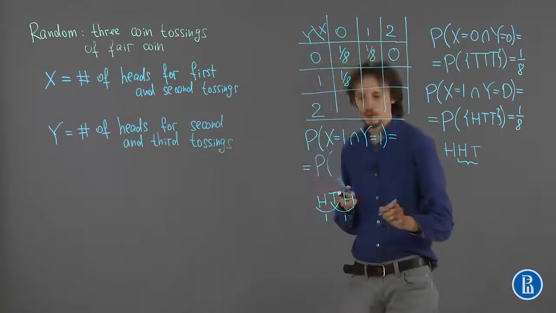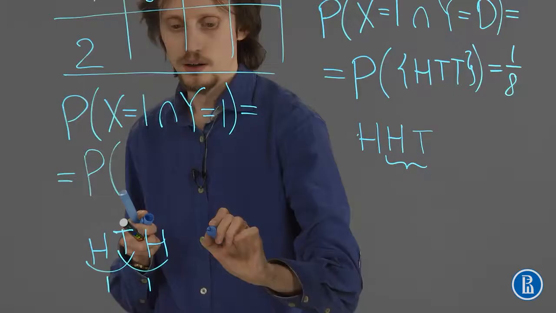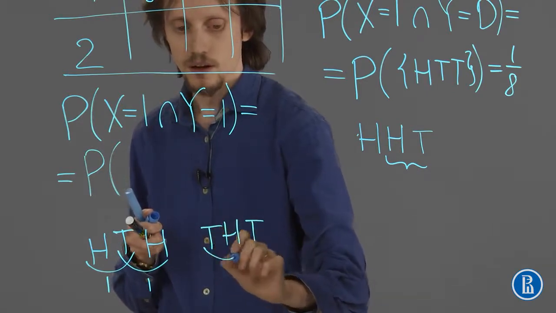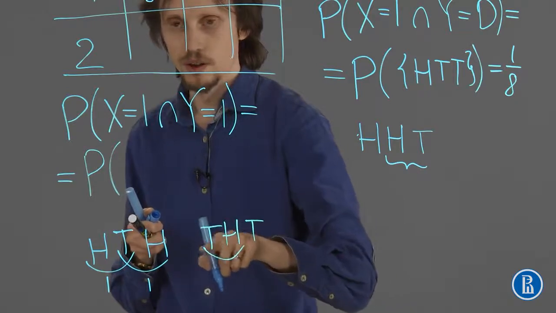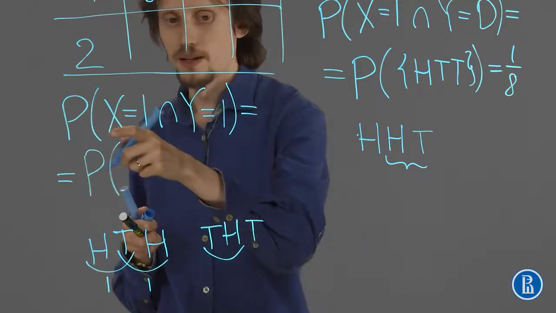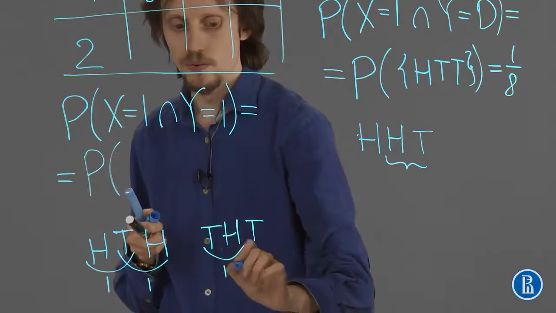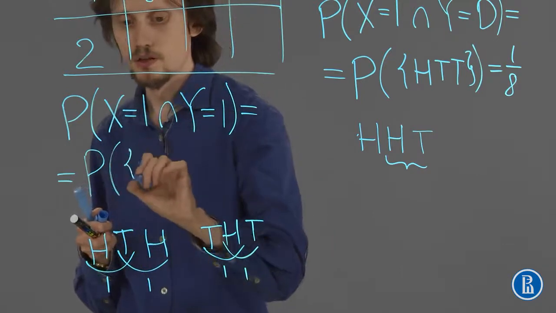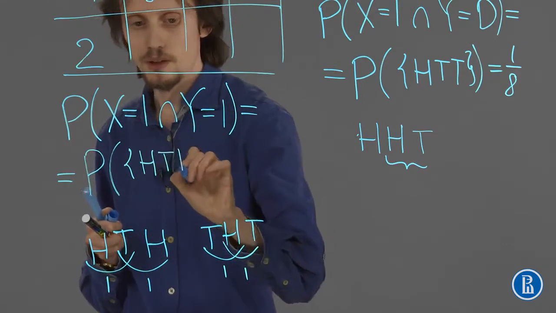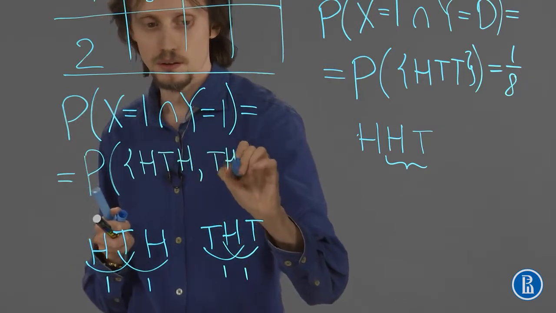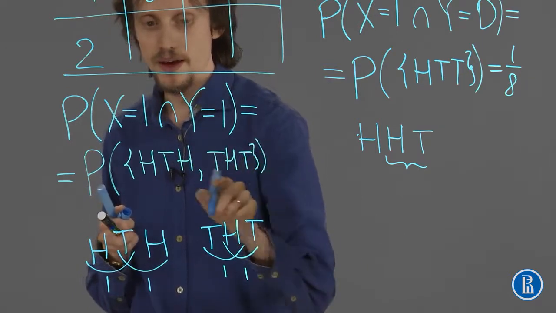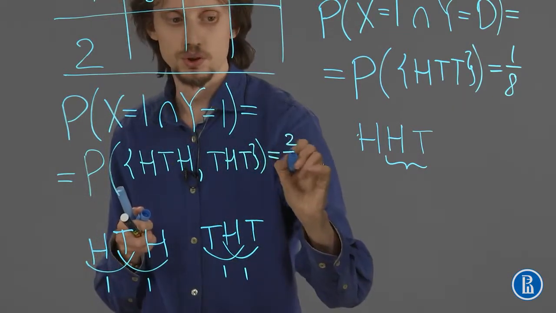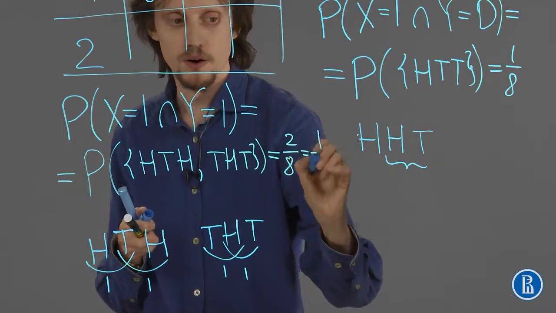But it is also possible to have tail, head, head. In this case, this head is included into both variables x and y. So again, we have one head here and one head here. As we have two outcomes that satisfy this condition, the probability is equal to 2 over 8 or 1 over 4.